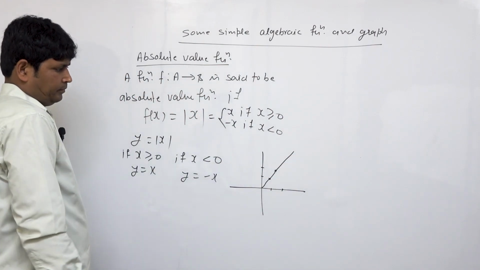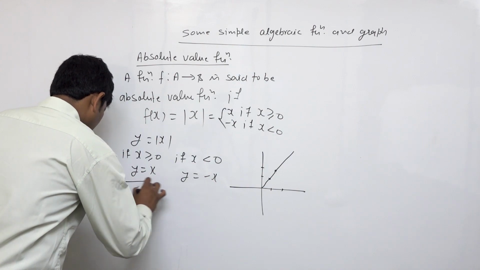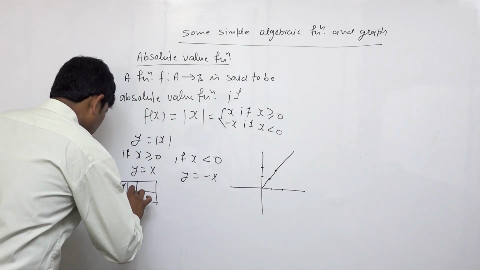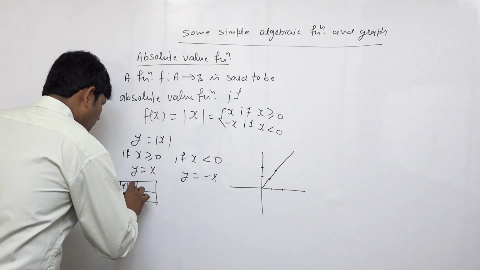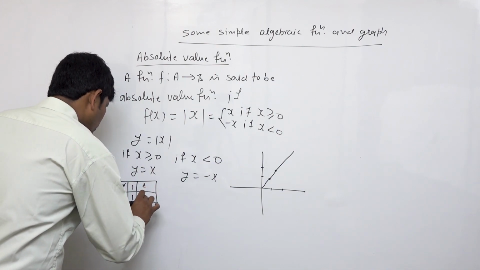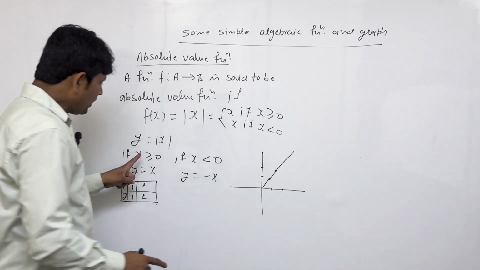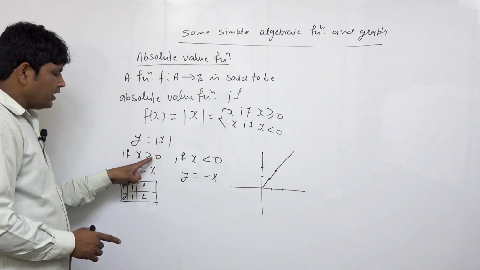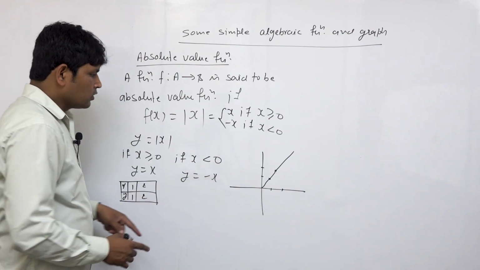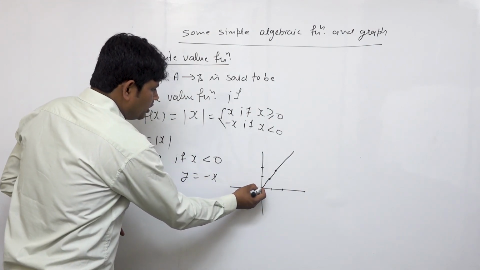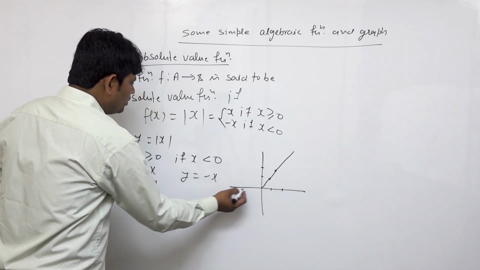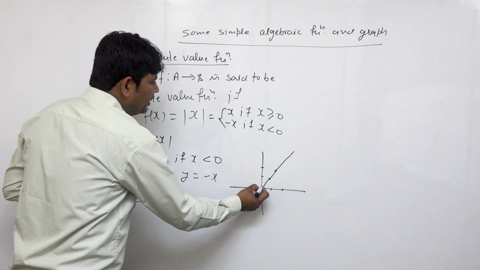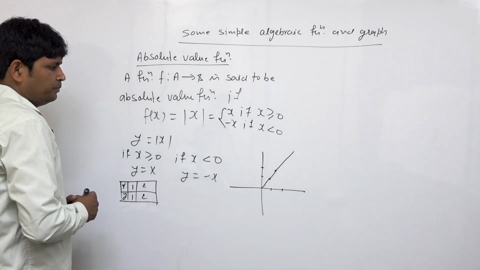Or we can make a table of x and y: x is 1, y is 1, x is 2, y is 2. But here x is greater than or equal to 0, so we cannot take values less than 0. The input is not less than 0, so the graph will not extend this side. Only the graph will start from here up to infinity.